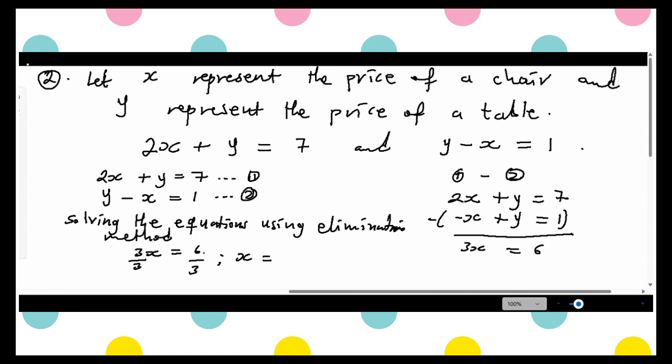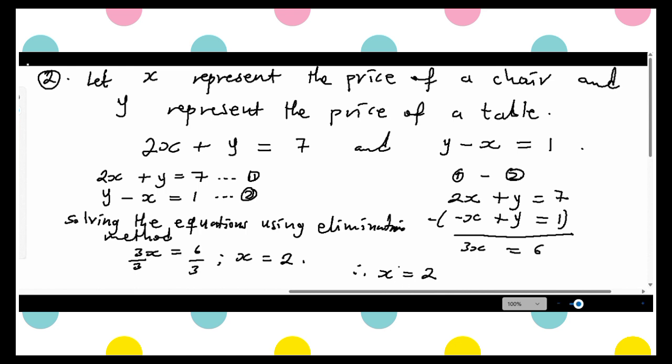Then 3 will go into 3 once, and 3 goes into 6, 2. So 2 over 1 is 2. That is basically the value for x. So therefore x is equal to 2.